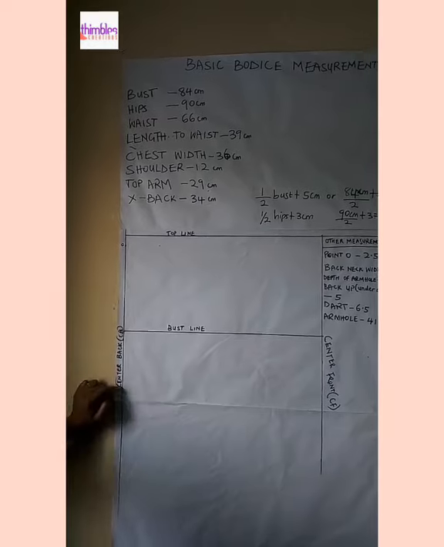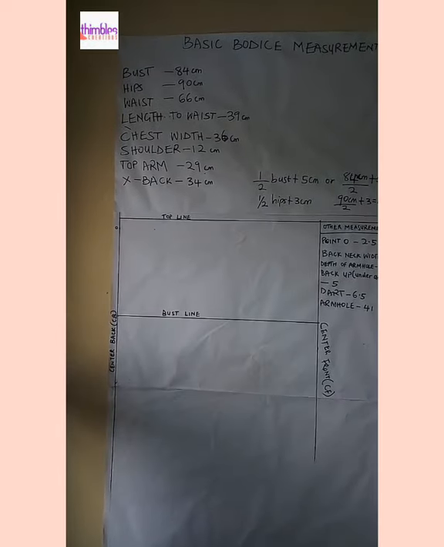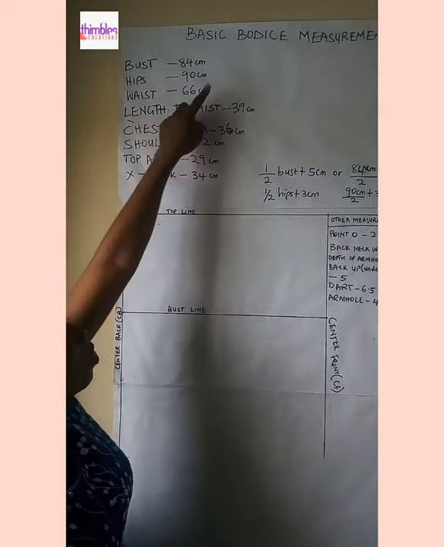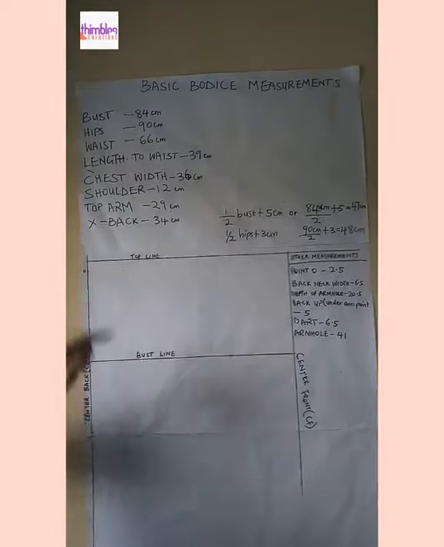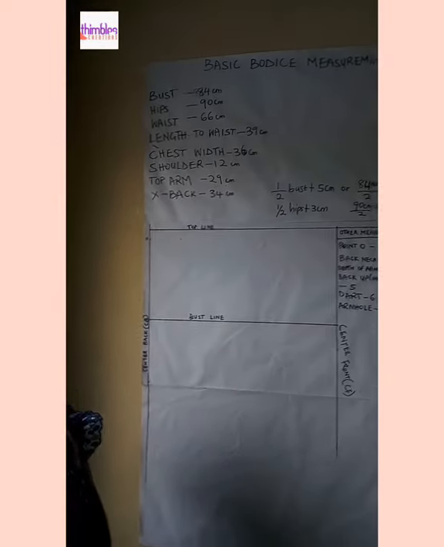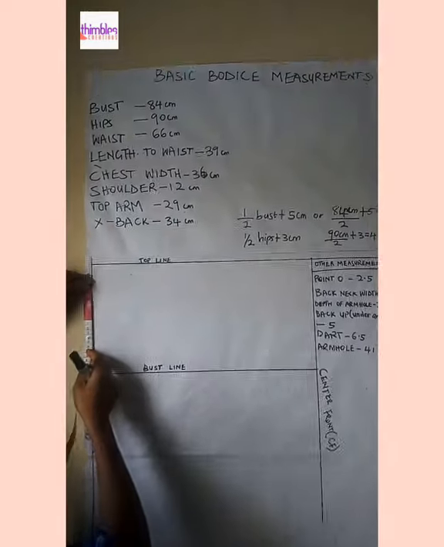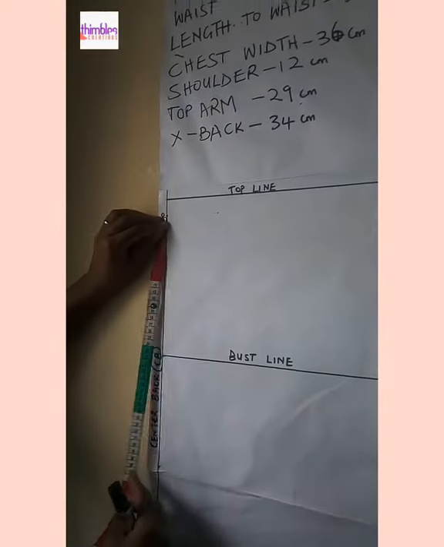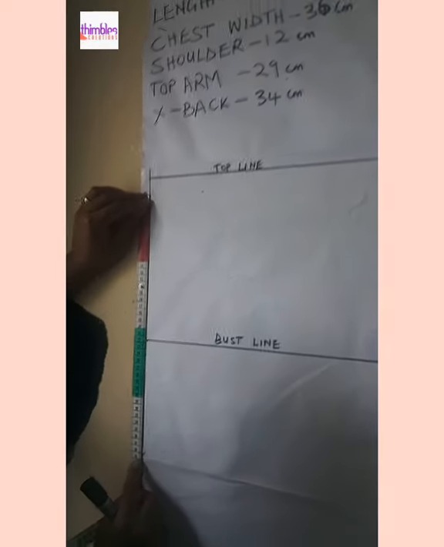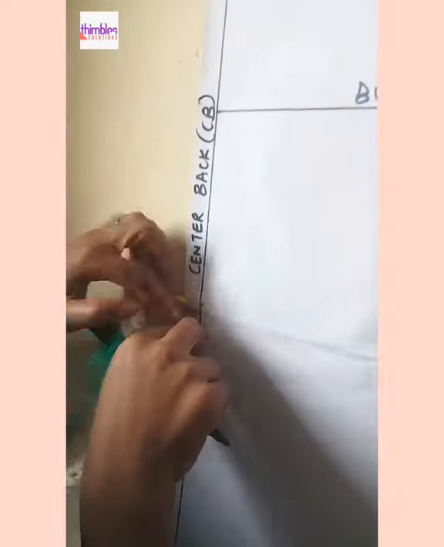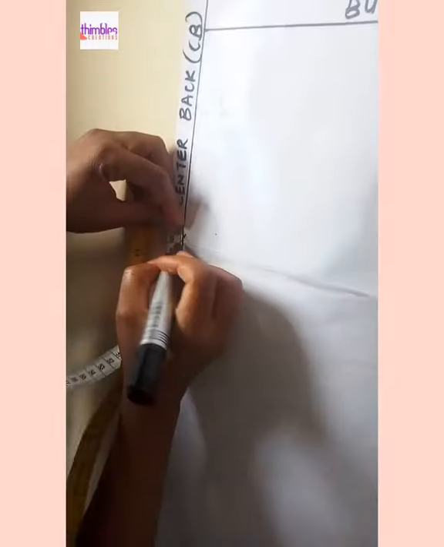Okay, so the next one is our waistline. Our waistline is gotten from our length to waist. What is our length to waist? 39 centimeters. Remember, point O is our starting point. So from point O here, 39 centimeters. Okay, this is where it landed me.